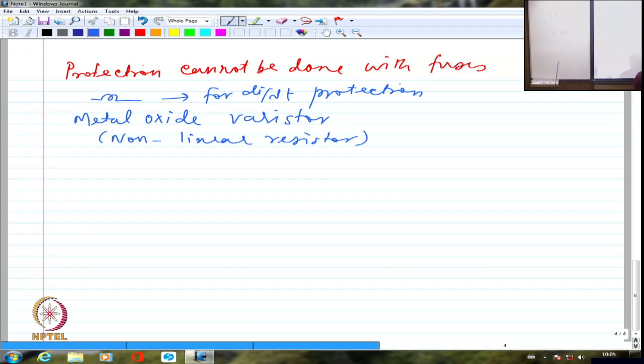So these are generally used for making sure that a very high voltage does not come across the MOSFET. Let us say this is my MOSFET device, and I'm going to put an MOV here. Generally this is shown with a non-linear characteristic, and this is the MOV.